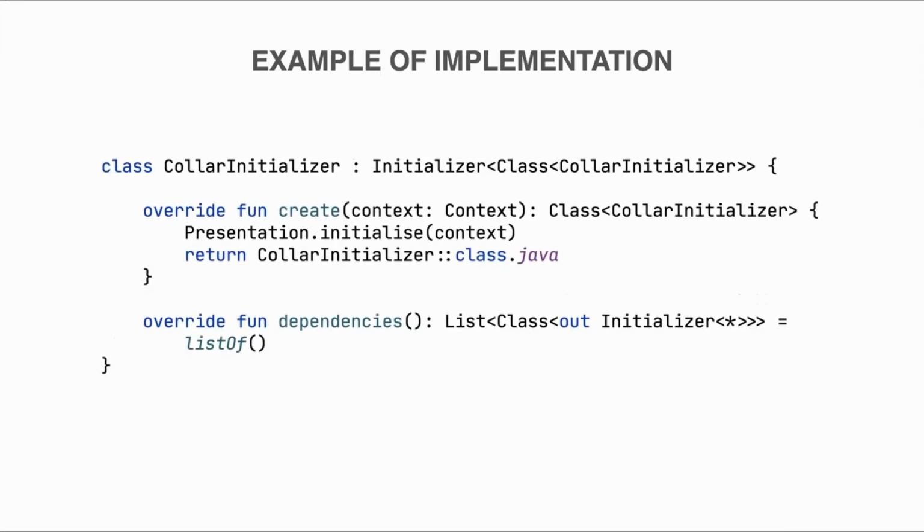Now, this is a quite different initializer. Basically, this initializer returns the class of another initializer. This is quite convenient for doing some sort of work in libraries, and it's actually quite common to use this returning of a class as a type of initializer when you're implementing startup runtimes in libraries. So why would you do this?